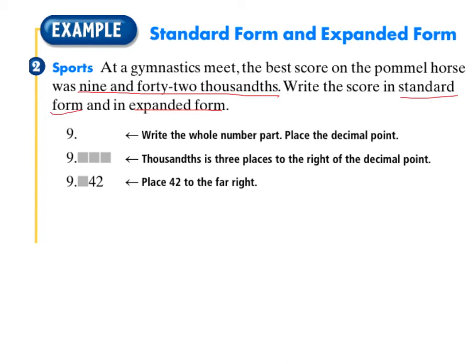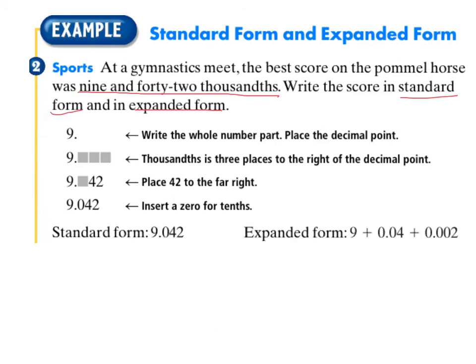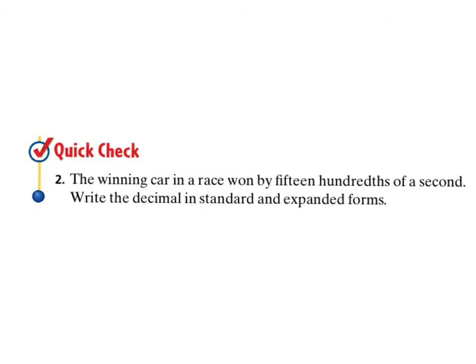And since we don't have a number to fill into that last hole, we just fill it with a 0. So in standard form, it's 9.042. In expanded form, again, we say it for each individual value, it would be 9 plus 4 hundredths plus 2 thousandths.